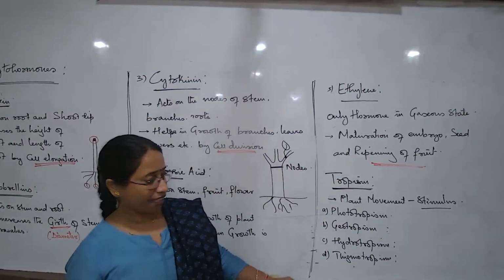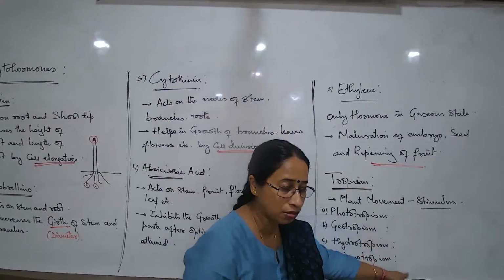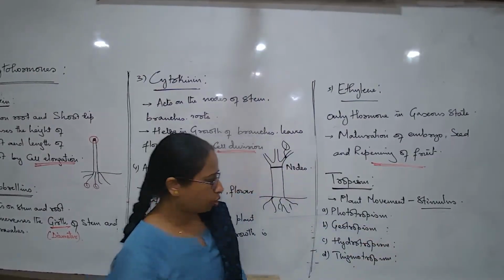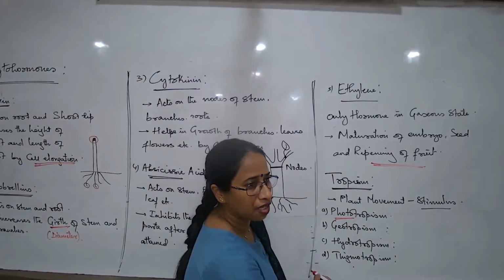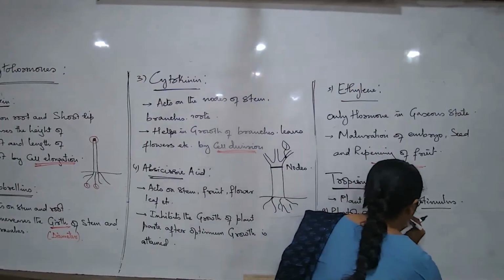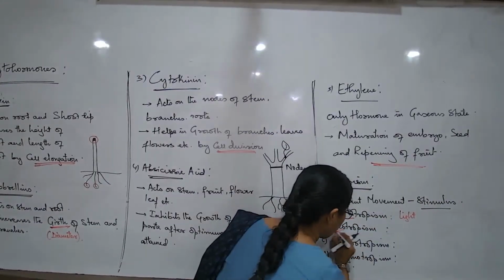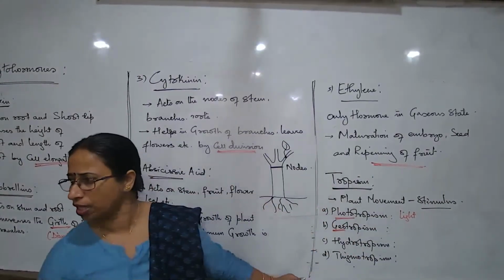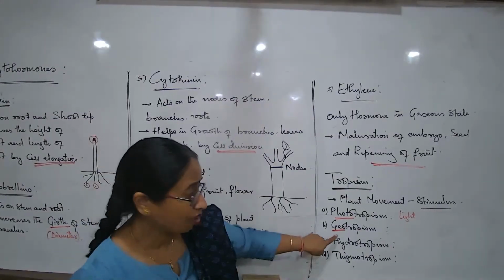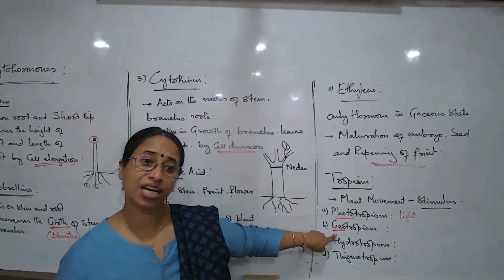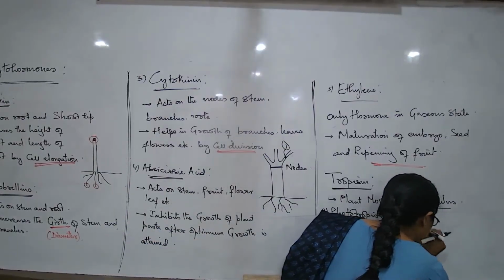Now in each category, I want all of you to write down this and the respective stimulus also. So in phototropism, can you guess what is the stimulus? Light. We are going to see how. In geotropism, what will it be? Gravity, the gravitational force.